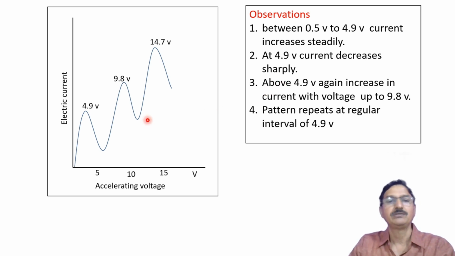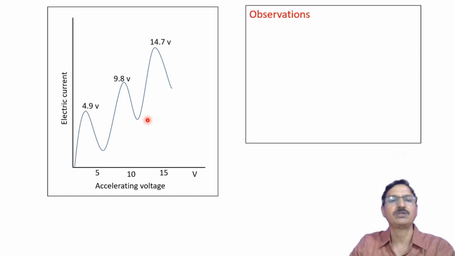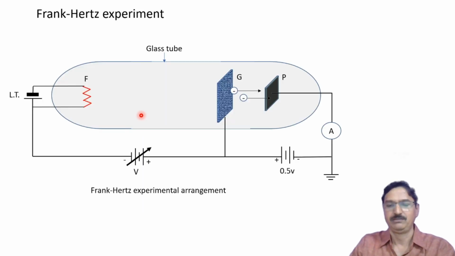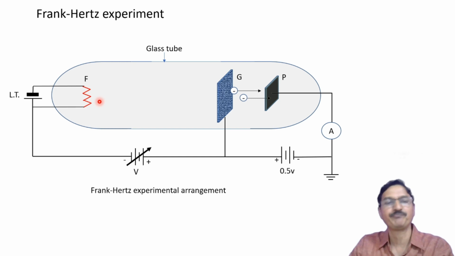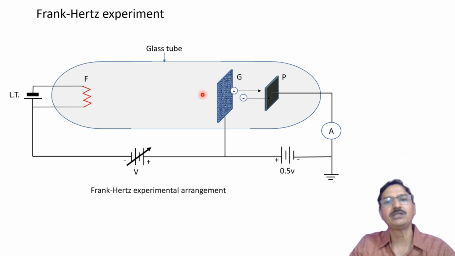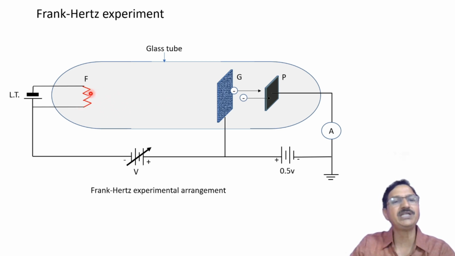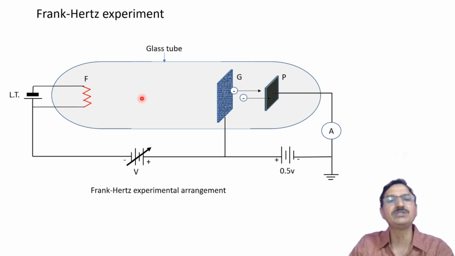So he gave the explanation for this by stating that when the voltage is above 0.5 volt, these electrons are moving, and these electrons generated from the cathode collide with the mercury atoms in their path, but the collision is an elastic collision.